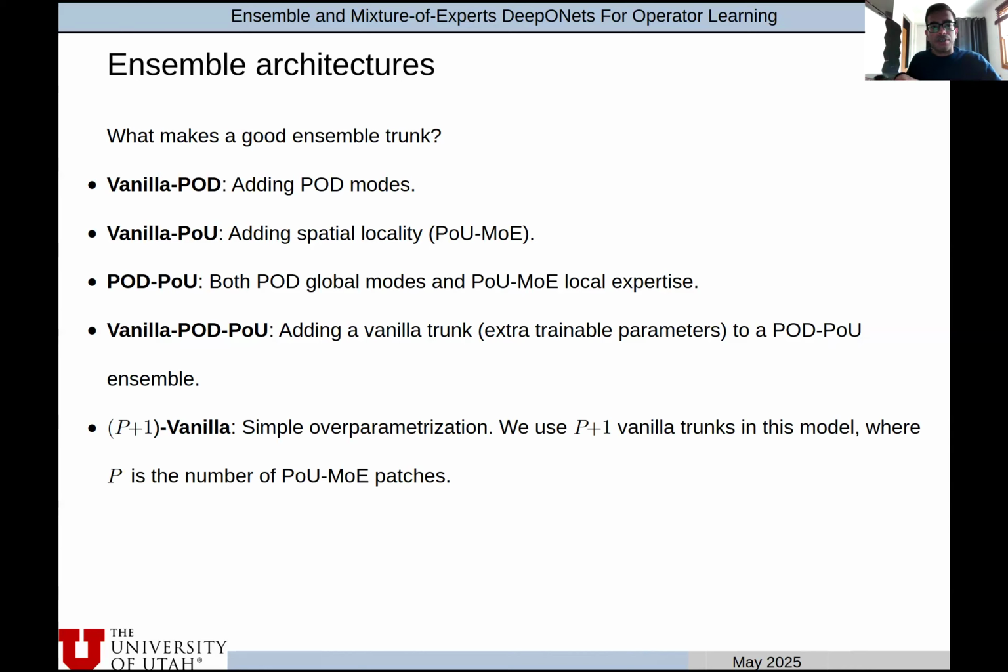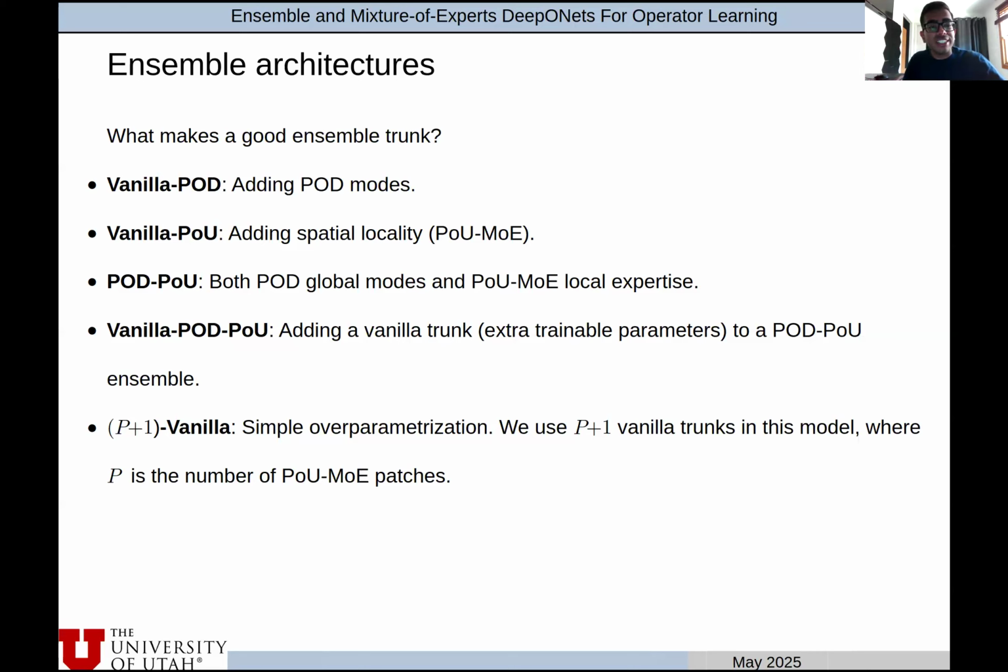Just to be fair while comparing these architectures against each other, because the partition of unity trunk has a larger number of neural networks, because it has a separate neural network on each of the individual patches, we created a simple P plus one vanilla architecture that has P plus one vanilla trunks stacked horizontally to see if simple overparameterization is competitive and one does not need all these fancy tricks to be more expressive or, as I'm about to show, resolve certain spatial features better.